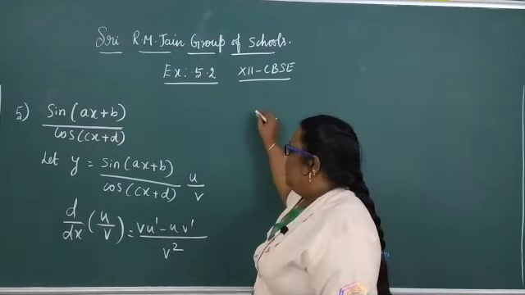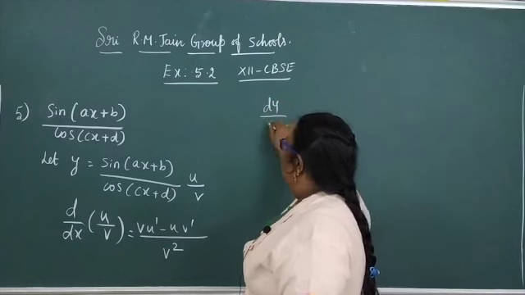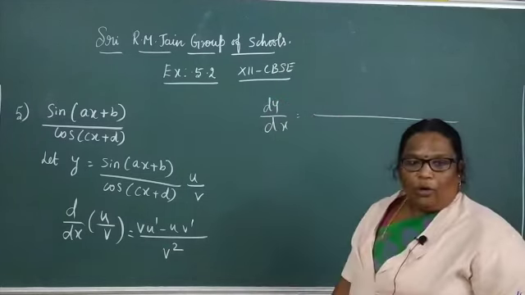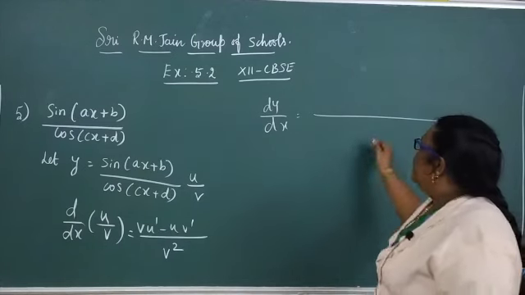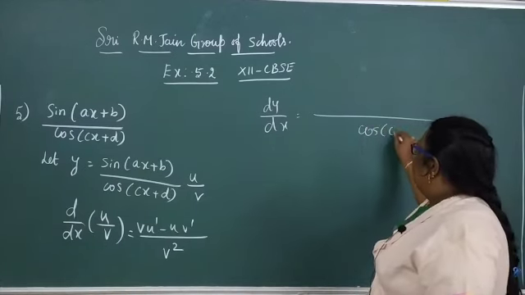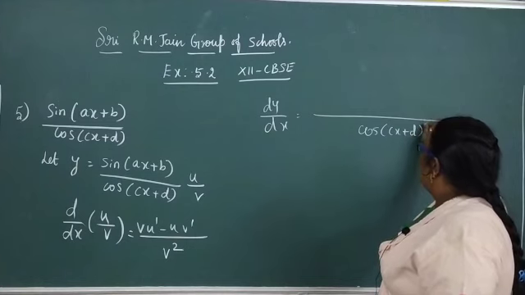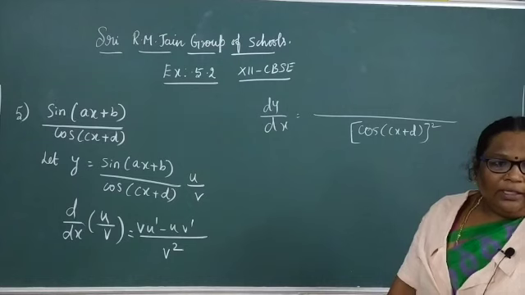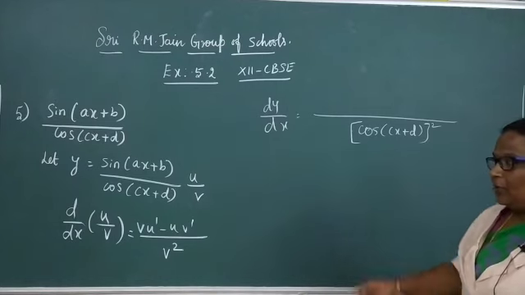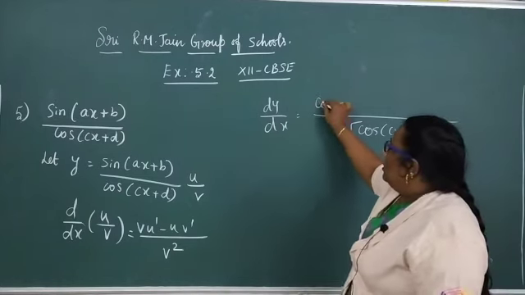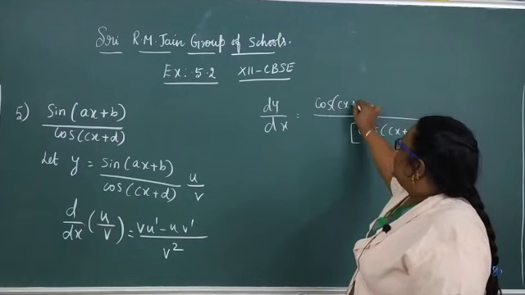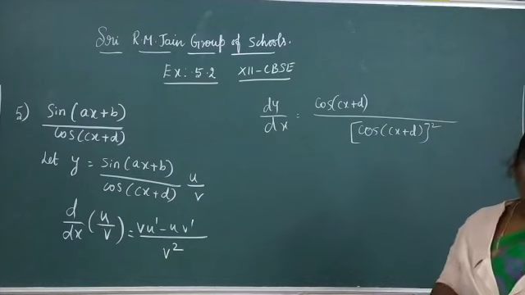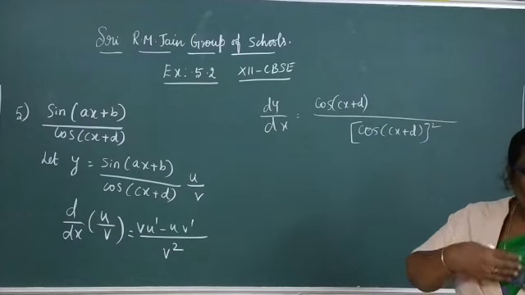See here, dy by dx equal to, what is v here? Cos of cx plus d the whole square. In the numerator, next v, cos of cx plus d. In this sum alone I will write d by dx of, but no need to write, you will do it straight away.